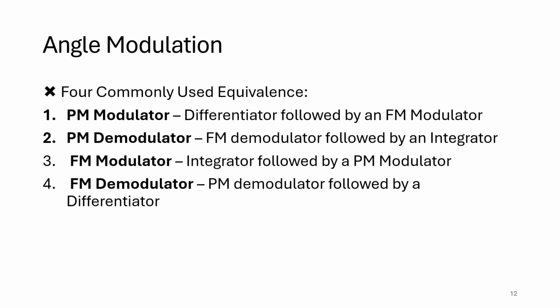So that is how they are related with each other. Simply by the addition of a differentiator and integrator circuit, a PM modulator and demodulator can function as an FM modulator and an FM demodulator.